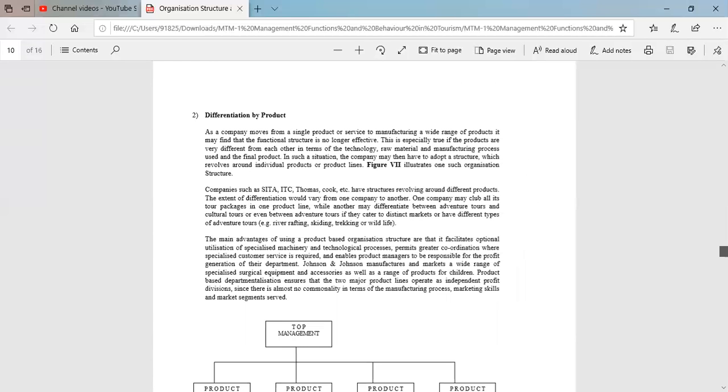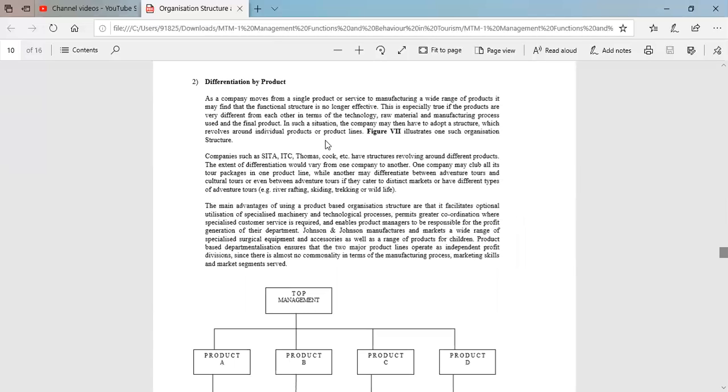So, differentiation by product. Some companies produce more than one product. So each product has a different manager and a different factory.